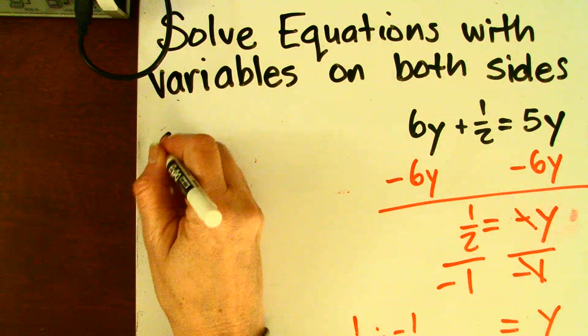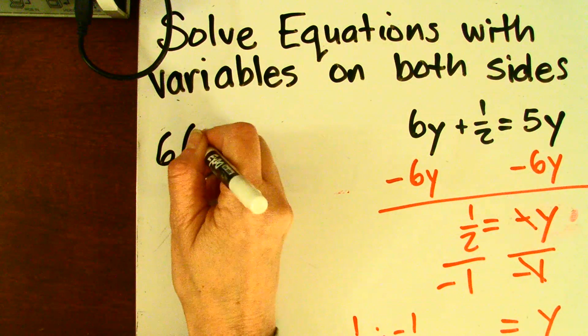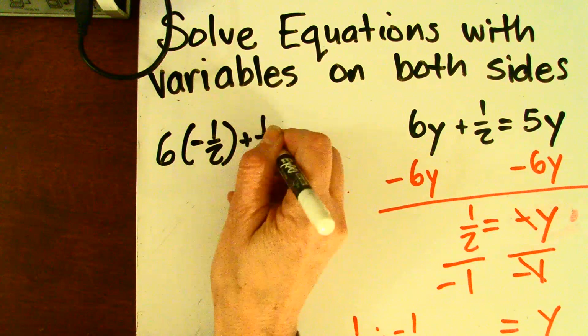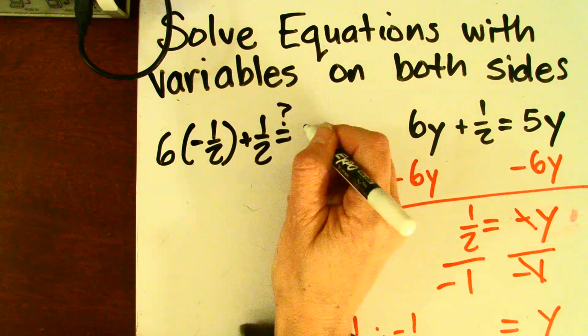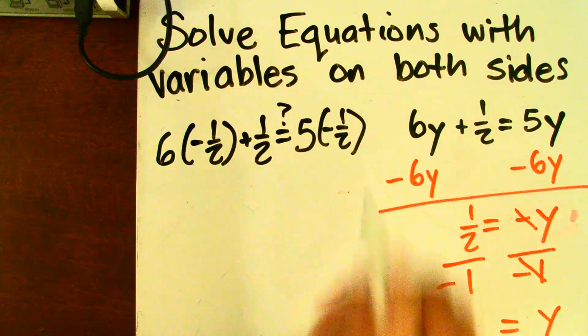If I rewrite it as 6 times negative 1/2 plus 1/2, does that equal 5 times negative 1/2?